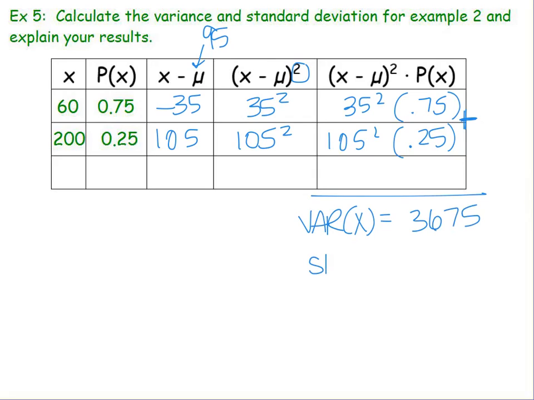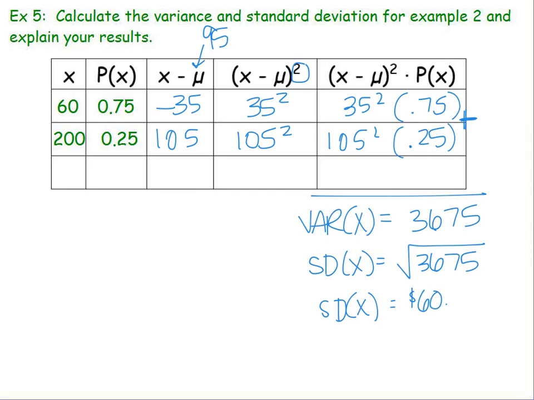And to find our standard deviation, we just need to square root that answer. And so if you square root and round to 2 decimals, I get a standard deviation of $60.62. Hopefully you guys agree with that answer. So hopefully you're seeing that these are pretty easy examples once you've done the expected value.